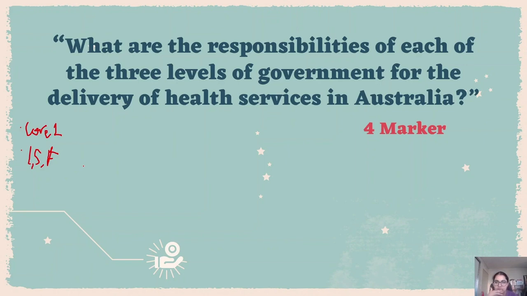Alrighty, so then we've got the federal government. Now we have to look at what are the responsibilities of each of the three levels of government. In this response, it's a four marker.